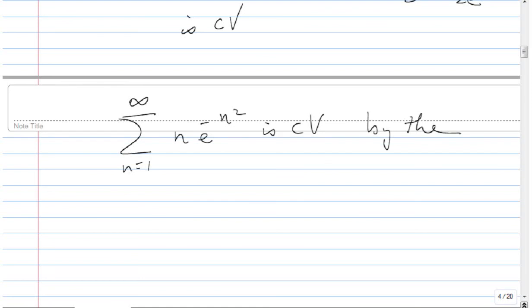Which implies that, by the integral test, the series of n e^(-n²) from n = 1 to infinity is convergent. Note that the only thing I can find here is the convergence.